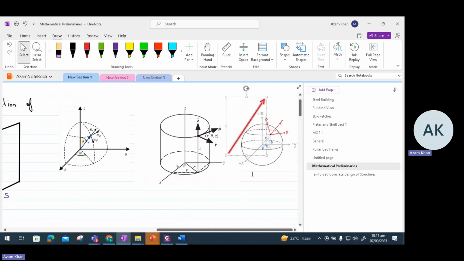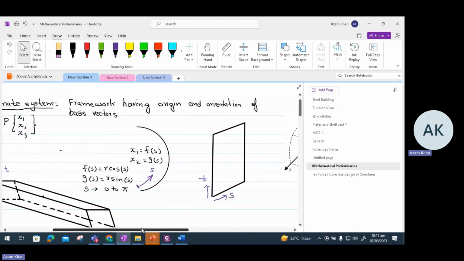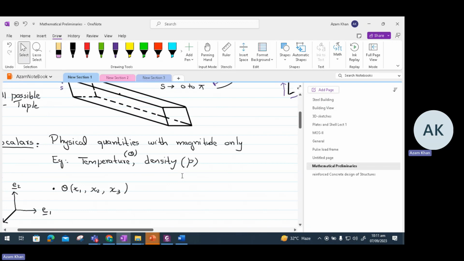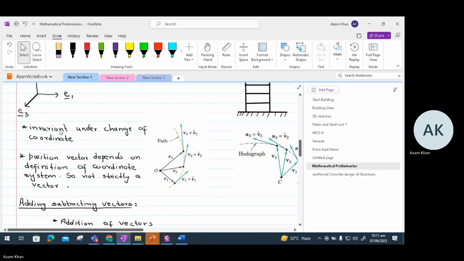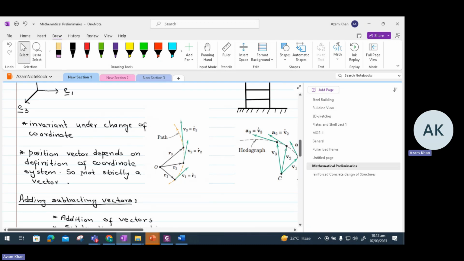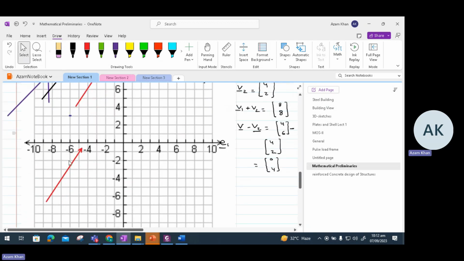That's why in our previous lecture, we said that vectors are invariant. We clearly said it: invariant under change of coordinates. So the fact that the vector can be located anywhere within a space makes it invariant in any space.